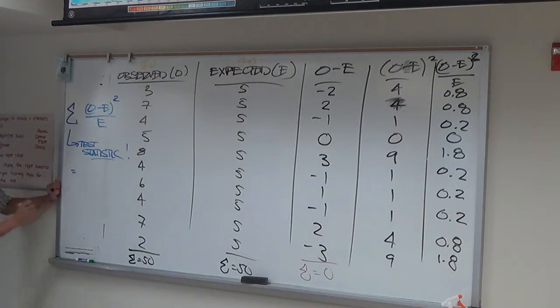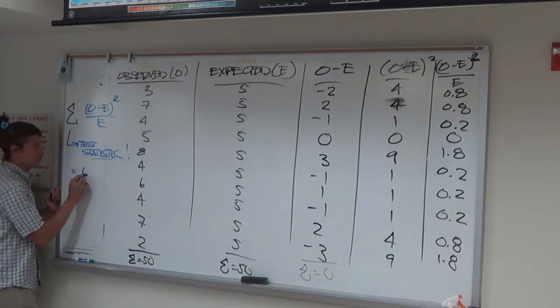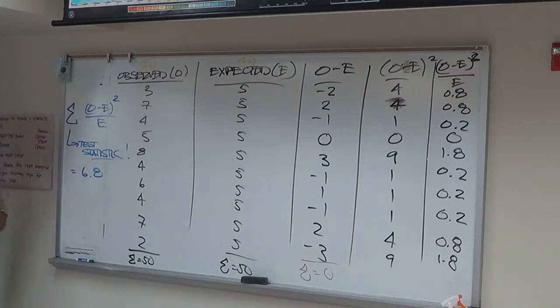So let's do it. 1.8, 3.6, 3.8, 4, 5, 6.8. Did I get that right? 6.8? That's what I got. Good, 6.8. That's your test statistic.